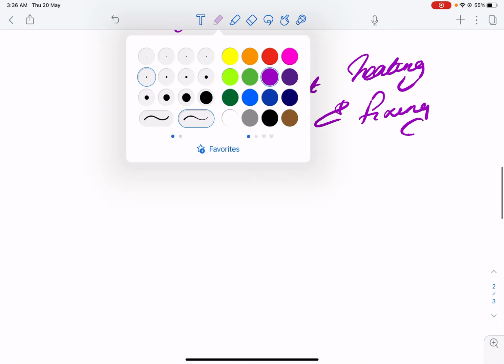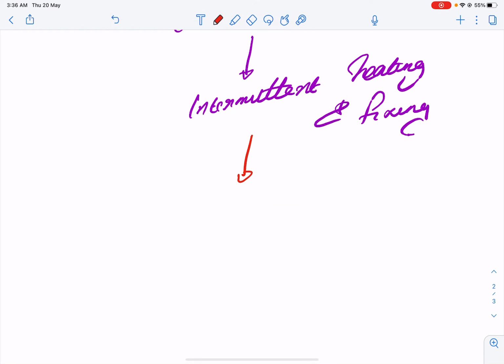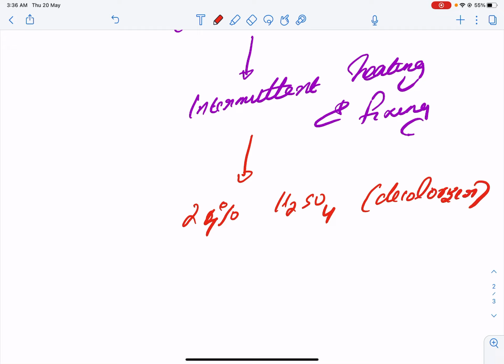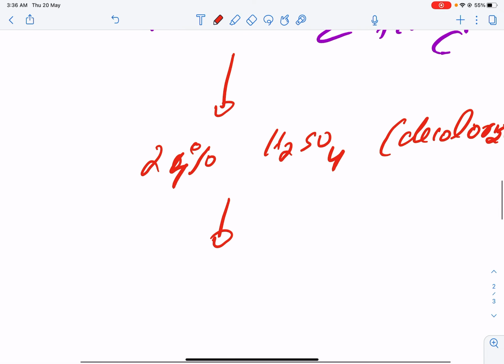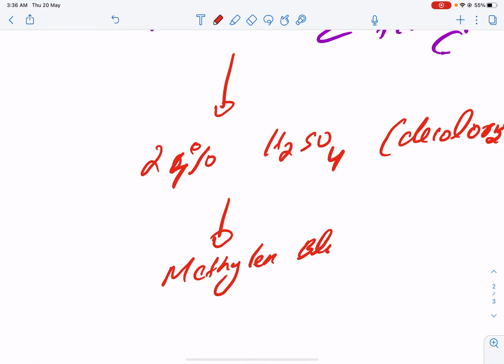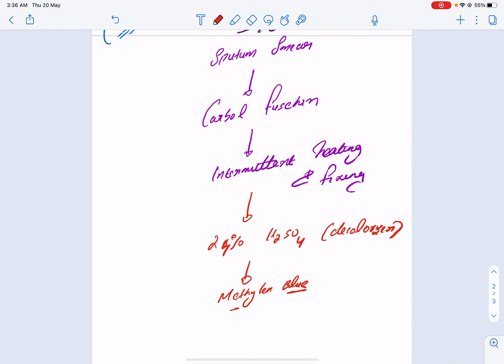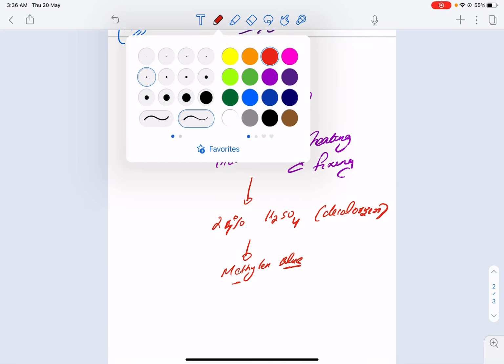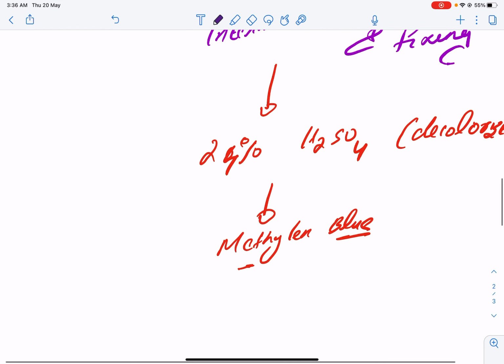After that, the most important thing here, we add around 20 percent H2SO4. We add around 20 to 24 percent, mainly 24%. It acts as a decolorizer here. After that we add methylene blue. We do all these steps for TB bacteria. At the end, how do you confirm it was TB bacteria?